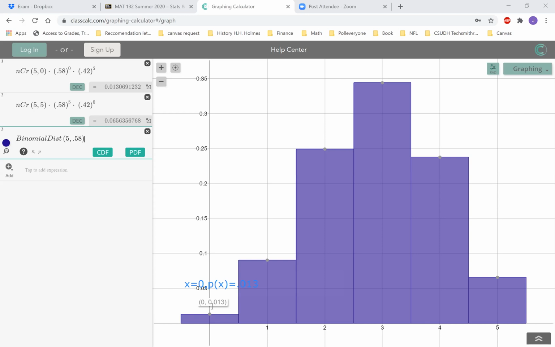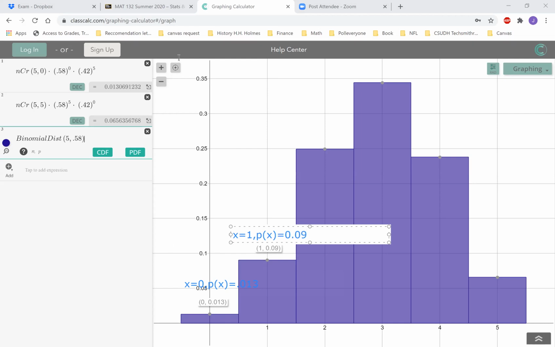So that's what this is giving me. If I go to the second bar, you see how it says 1, 0.09? That means x is equal to 1, so the probability that x is equal to 1 is 0.09.